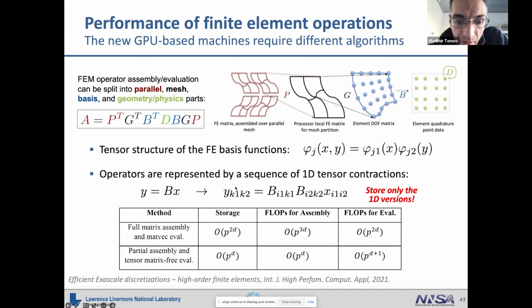For example, one can then apply the mass matrix operator as a sequence of contractions. And when you do that for your whole problem at once, you can actually get big optimization. For example, if you do this decomposition with some factorization of the basis functions, instead of O(p^(2d)) for the application, it becomes O(p^(d+1)). Storage is, again, you only store D.